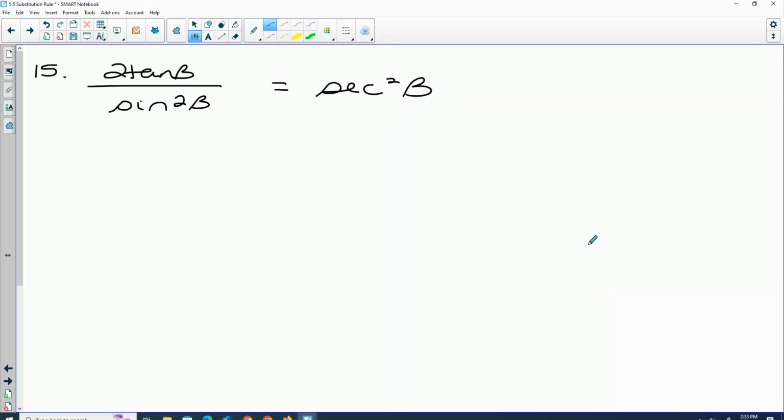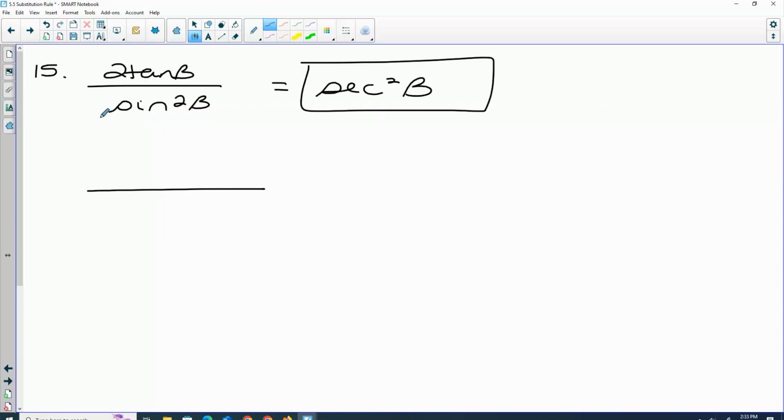All right, which side would you box in? Okay, what do you want to do? I'd definitely change the bottom, and I also heard sines and cosines. Do you want to do both? So we have 2. Tangent is sine over cosine. On the bottom we have sine 2b, which turns into 2 sine b cosine b. What happens with the 2's? Those would cancel.